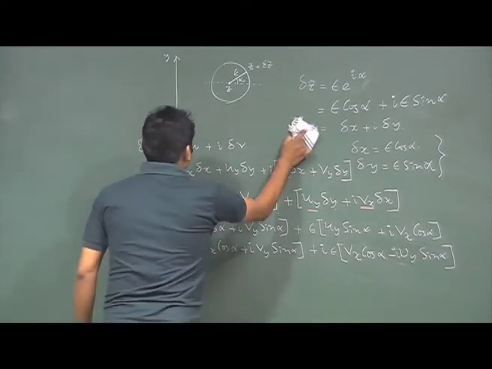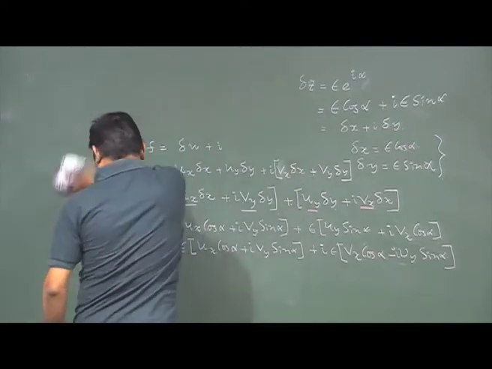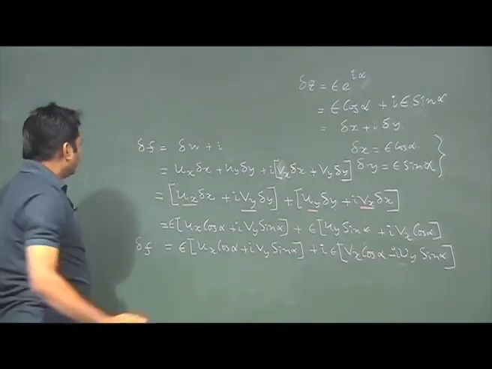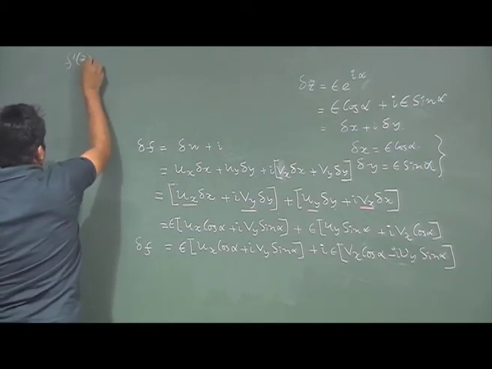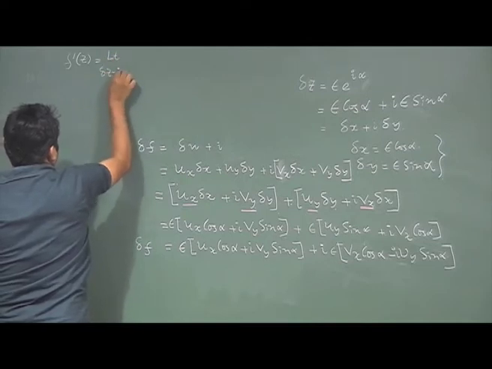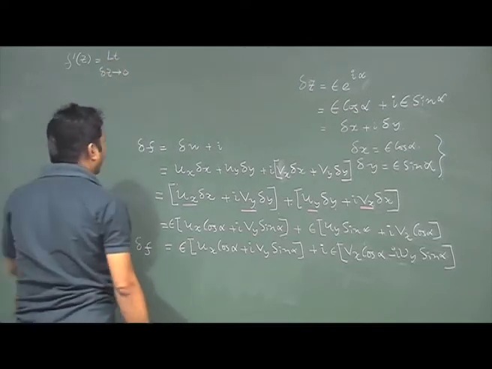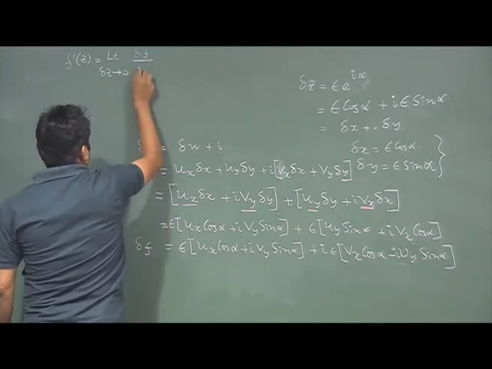Now, let me erase this, I do not have the space on the board to go down. So, what is my limit? What is the derivative of this quantity? The limit as delta z tends to 0 of delta f by delta z.